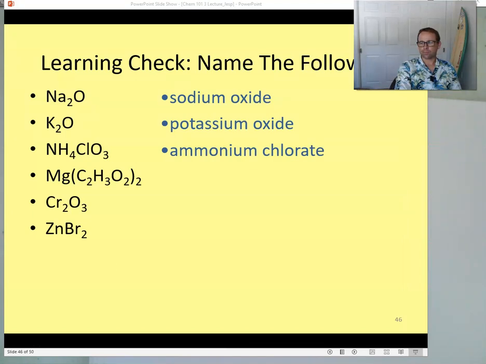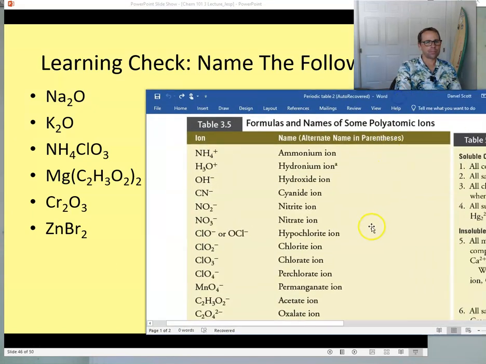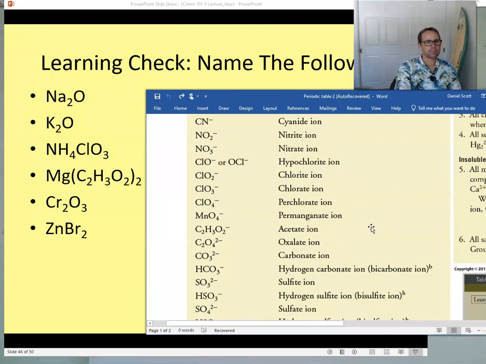It's a different one: C2H3O2. It's written a couple of ways, 1, 2.